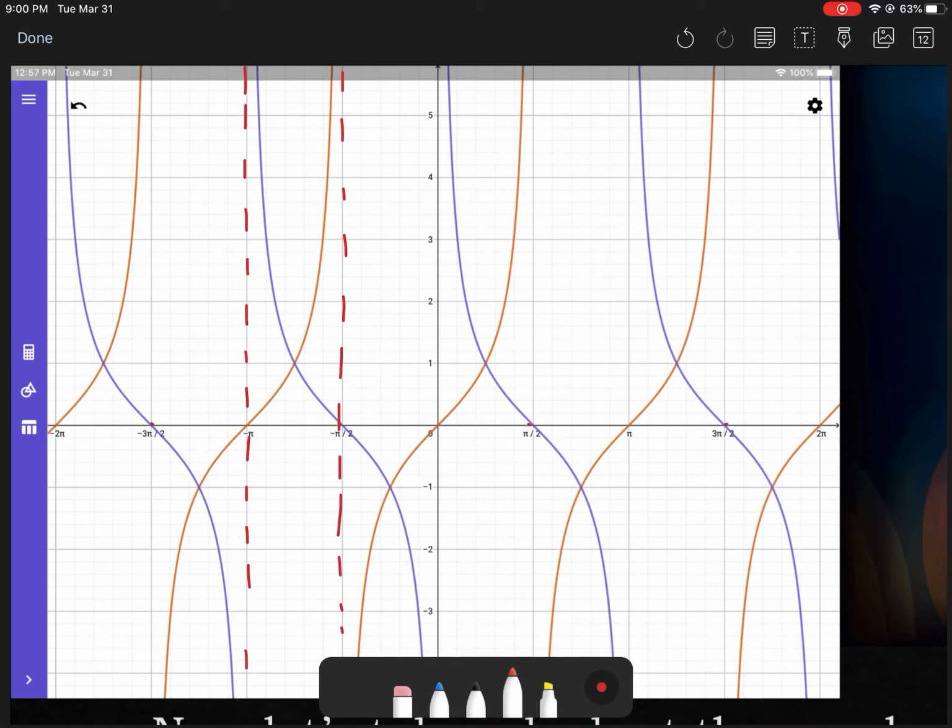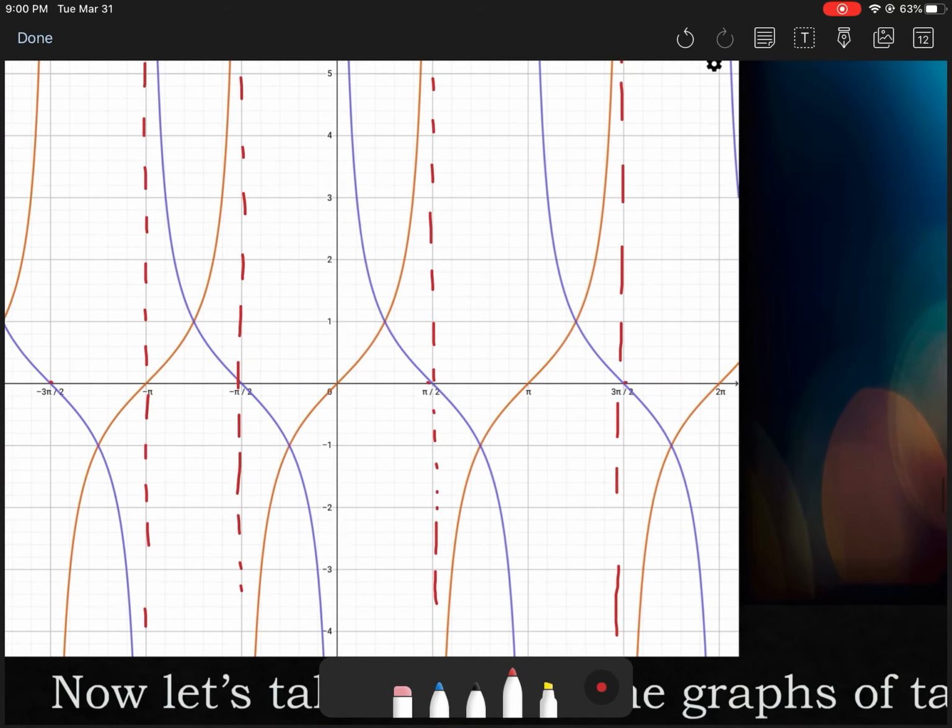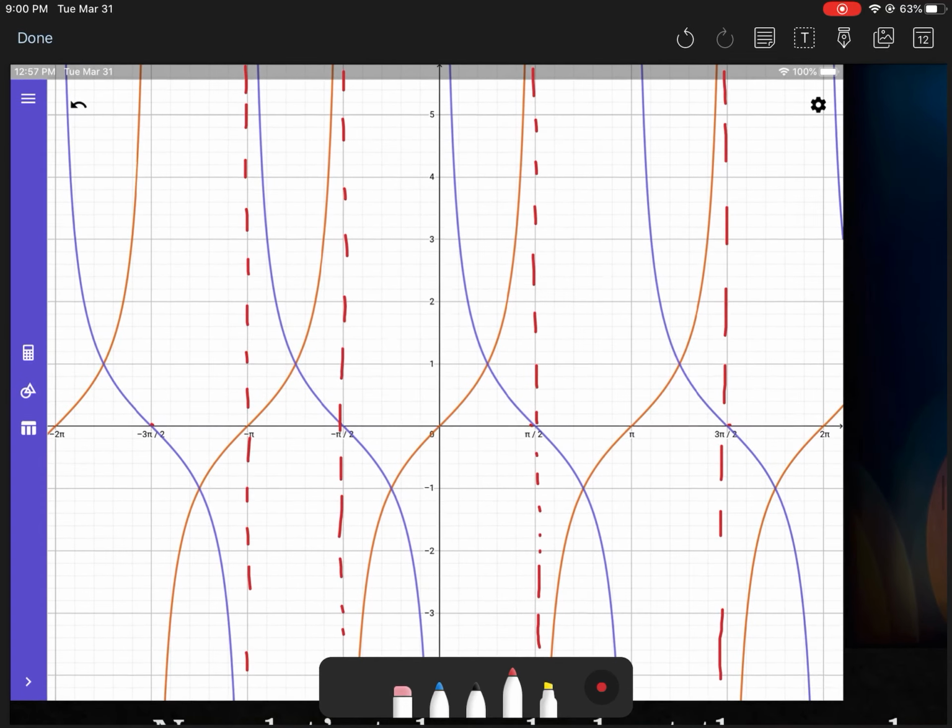It's actually, in this case, going to be where sine is equal to 0. Okay, because now cotangent, is that right? Did I miss this one? Sorry guys, this one I messed up. It should be here.